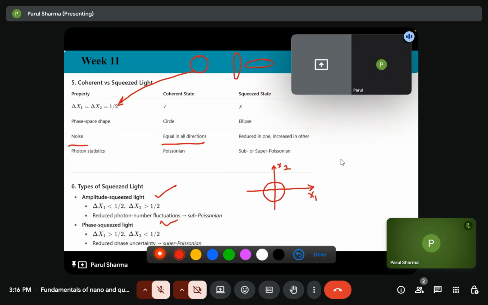So this is a coherent state or vacuum state. So it's a vacuum state. Why vacuum state? Since there is no photon.